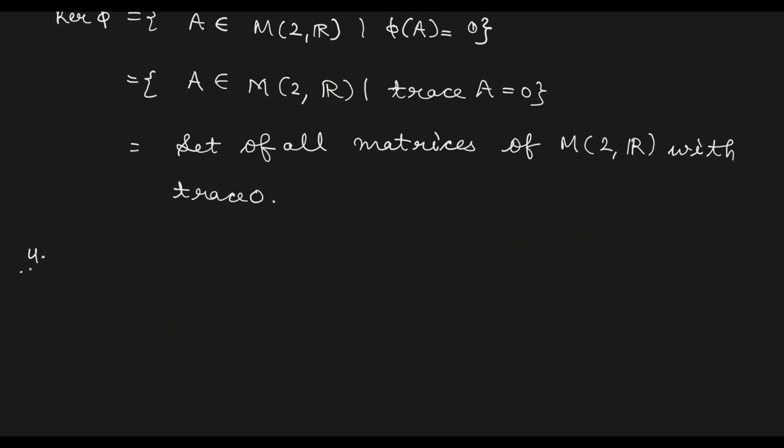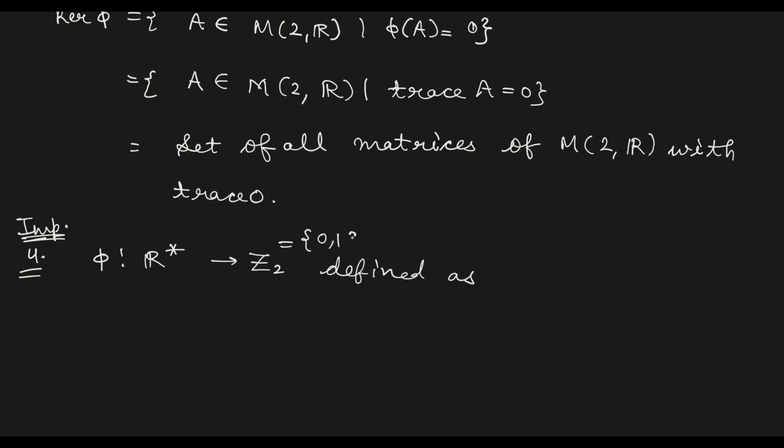Fourth, phi is a mapping from R star to Z2, where Z2 contains only 2 elements, 0 and 1. So phi n is equal to, and this R star does not contain 0.